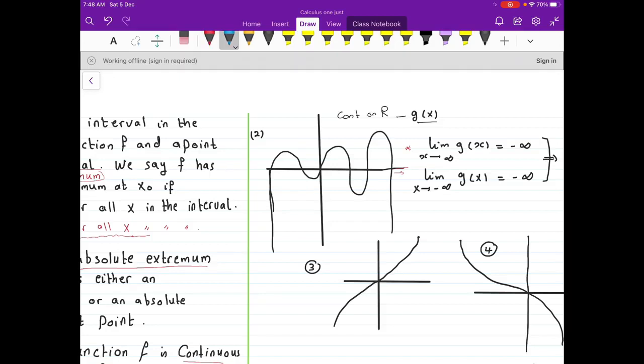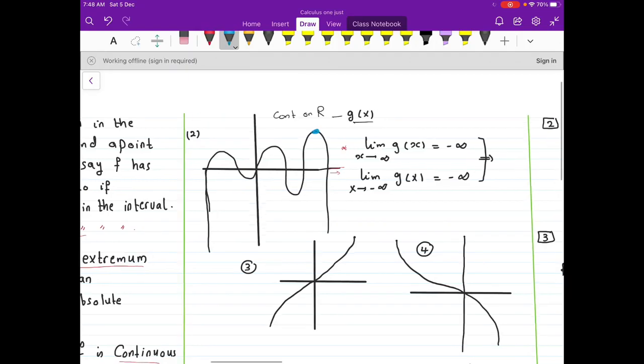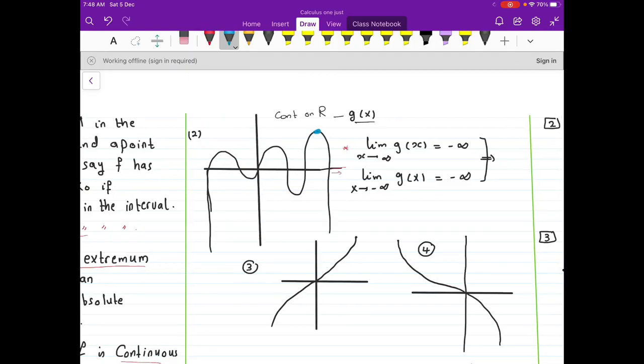In this case, the function has an absolute max or minimum. Notice on the graph, if the behavior of the function at infinity and minus infinity goes to minus infinity, that means the function has an absolute max. And surely this absolute max occurs at the critical point.